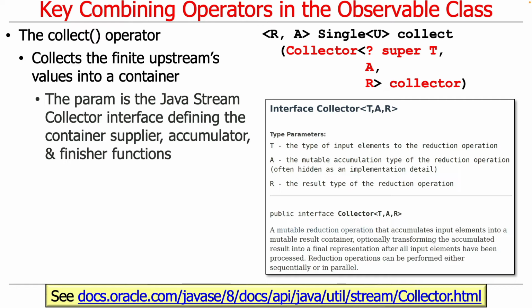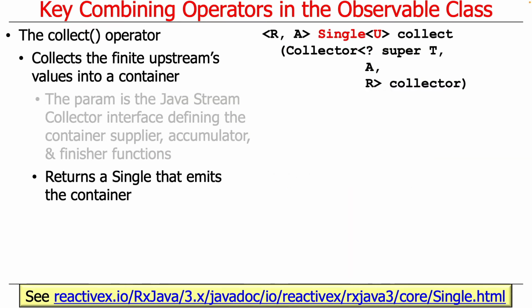And it defines various factory methods like supplier, accumulator, finisher, and so on that, again, you would be familiar with if you used Streams before. So this actually makes it very easy to integrate Streams-like collectors into RxJava. It returns a single that emits the container that's collected by the collector, by the finishing of the collector.